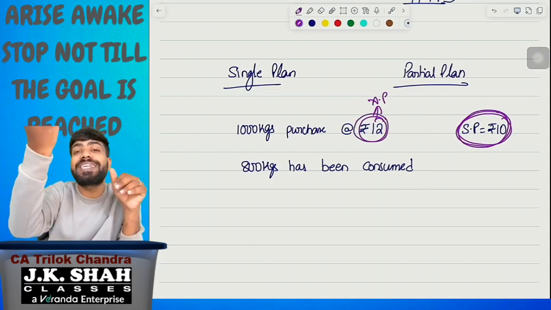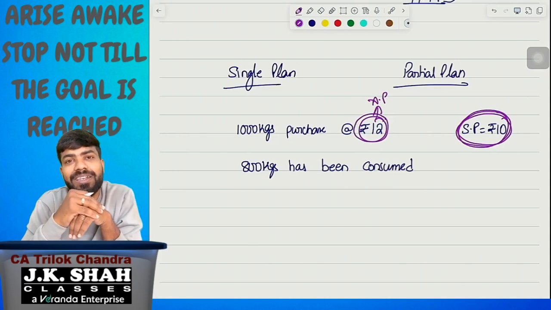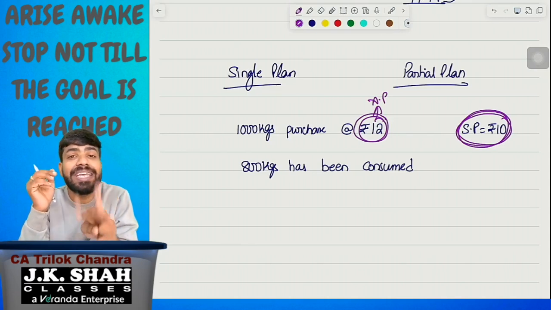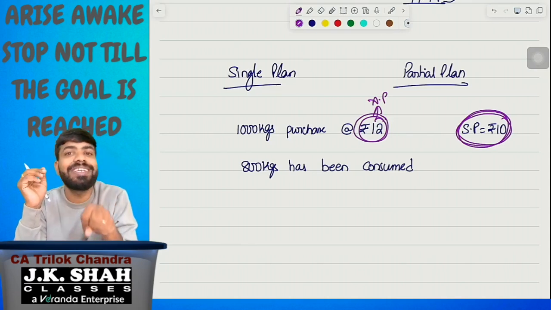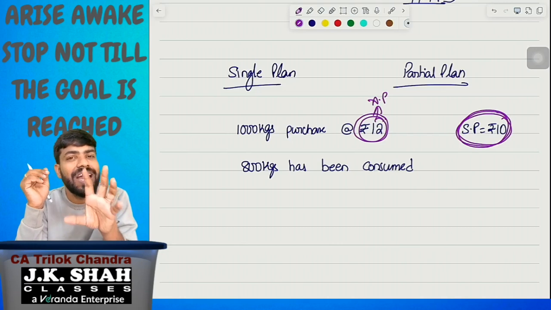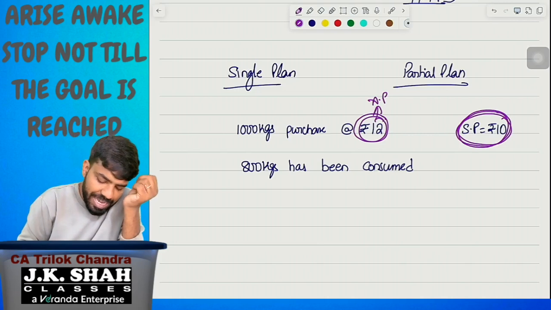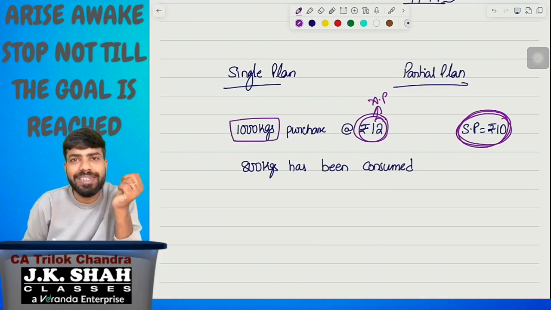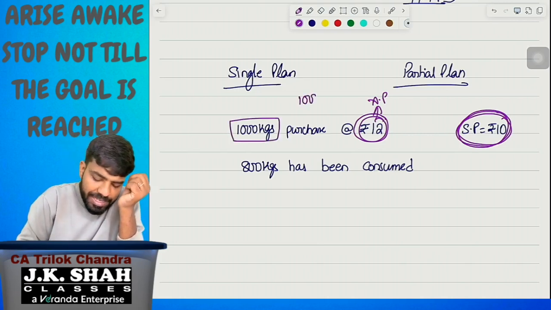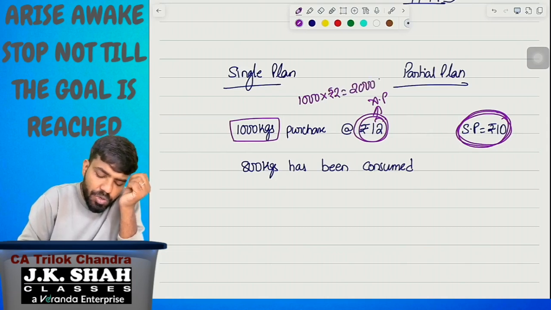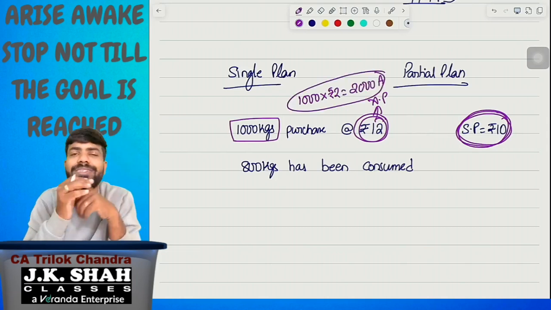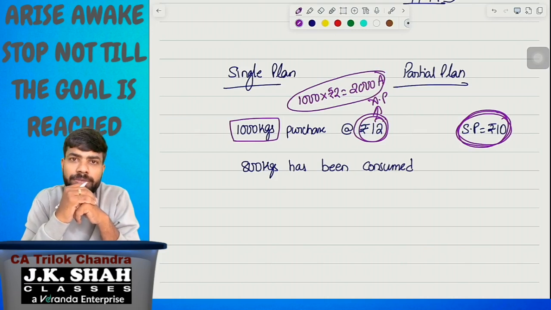He is incurring 2 rupees extra. The 2 rupees is called the price variance, which is adverse to the company. 2 rupee price variance for how many kgs? 1,000 kgs. So 1,000 kgs into 2 rupees equals 2,000 rupees is the total adverse.